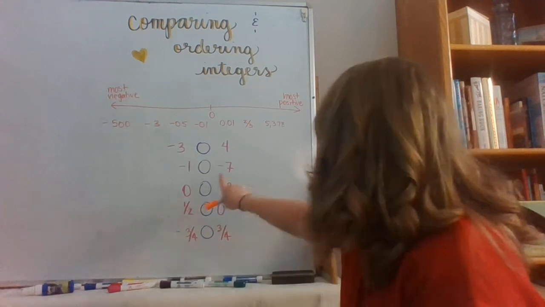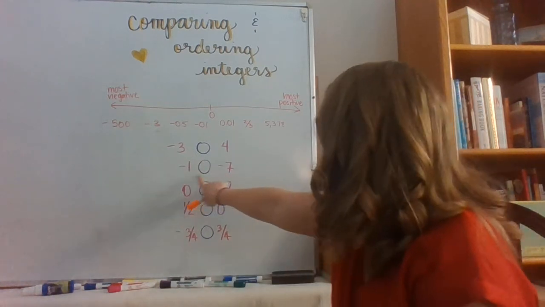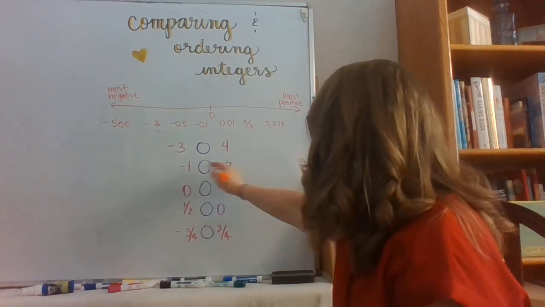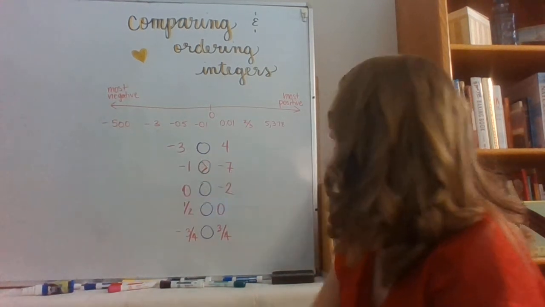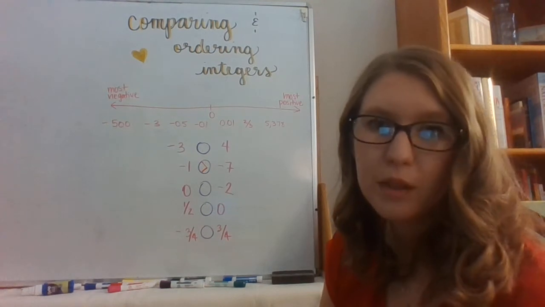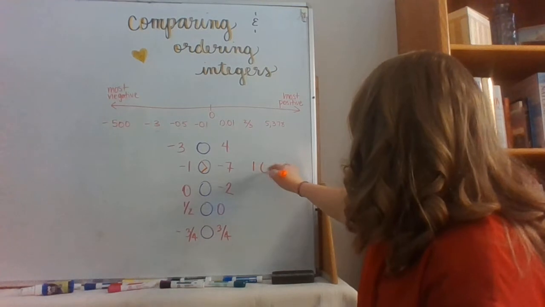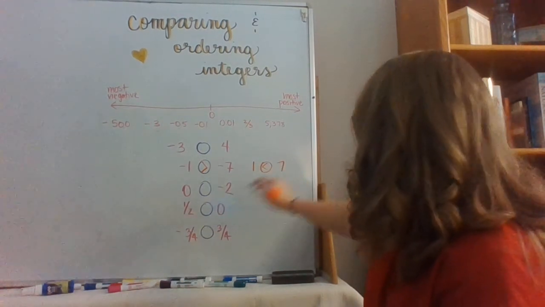If I'm comparing two negative numbers, the one that's closer to 0 is greater. So negative 1 is greater than negative 7. Because if those were positive numbers, of course, it would be 1 is less than 7.